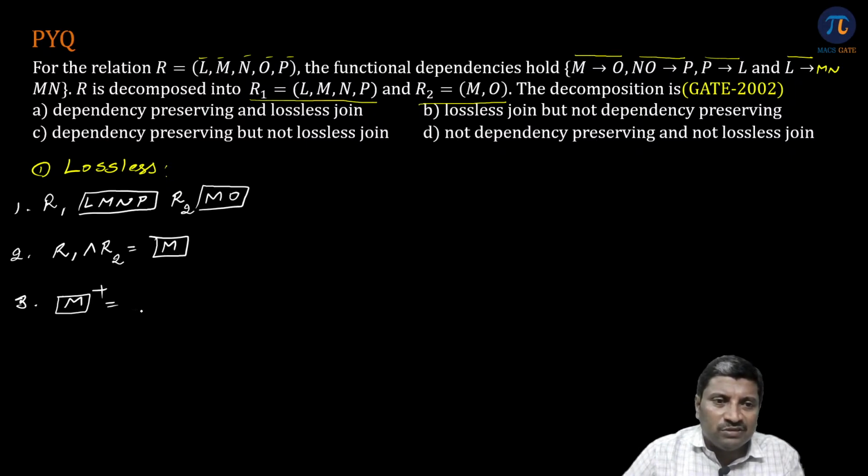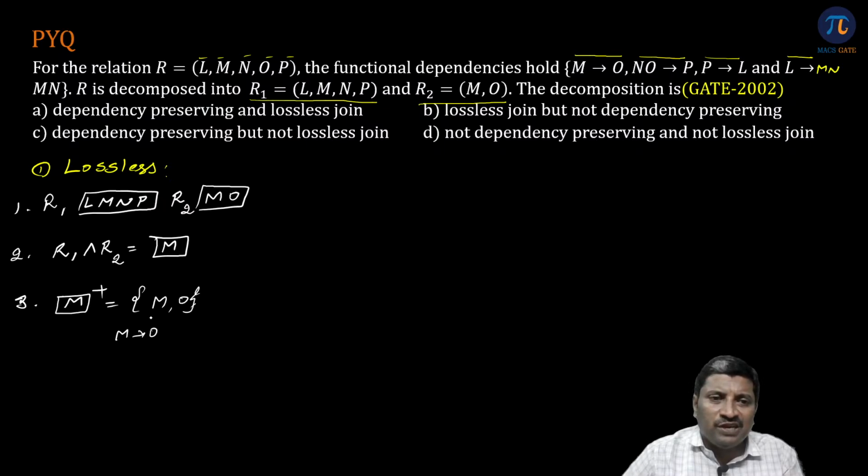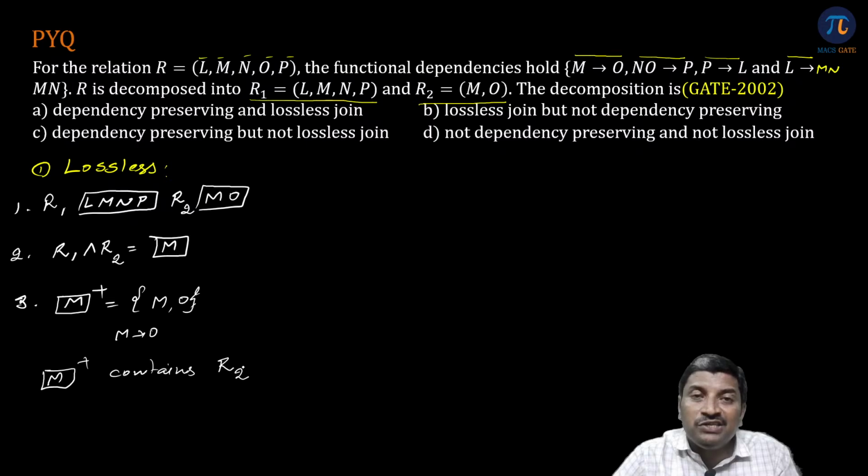So M closure is, with M, I can get M. Anything else with M, I can get O. Then with M, I can get this one, right? Then anything else possible, sir? No. Fine. So that means I have only MO. Anyway, this contains R2. Sir, contains R2 in the sense contains all the attributes of R2. That is my intention.